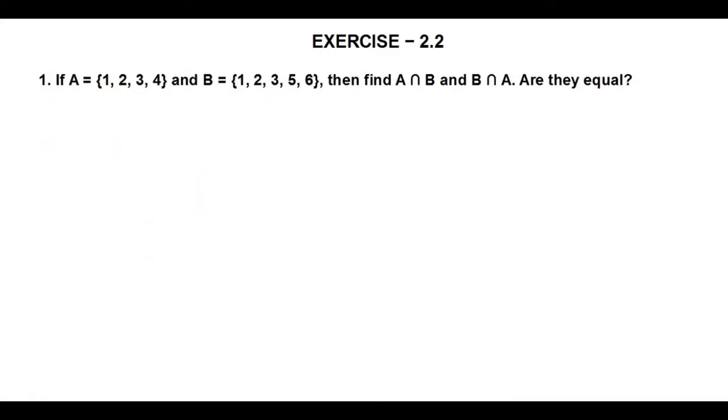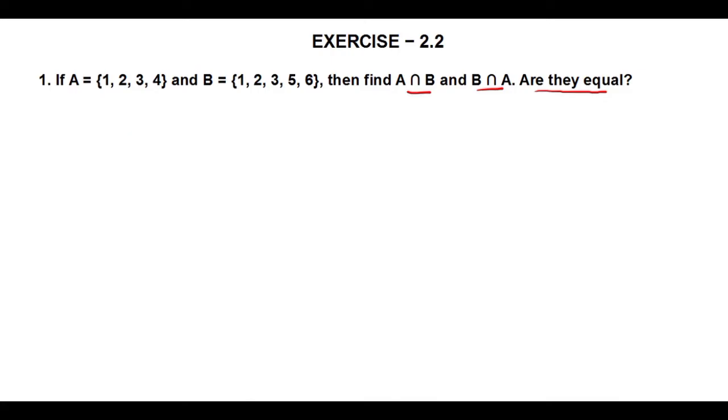So here is exercise 2.2. Let us discuss this problem. What we need to find here: A intersection B and B intersection A, and check whether they are equal or not. A and B are already given in the problem.